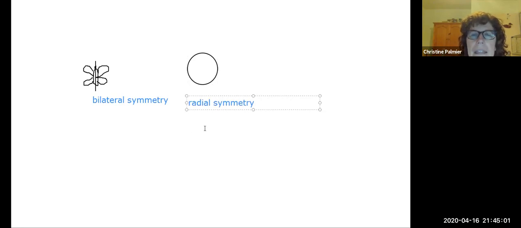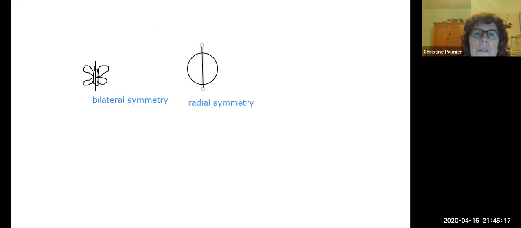Okay, and that means you can draw a line in many different directions and get mirror images. Of course, you can do a vertical line, just like we did for the butterfly, and get a mirror image left to right.